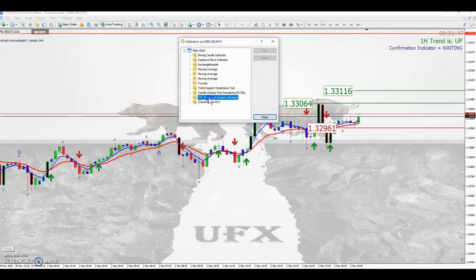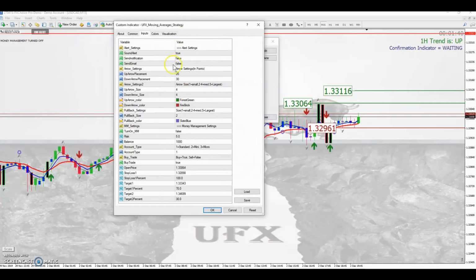We'll just right click and go into the UFX moving averages strategy. And by default, it's turned off, so we're going to have to turn it on here. We're risking 5% of a $1,000 balance. Say you have $1,000, but you only want to risk 5% of 100. You can put this to $100, and that's going to be $5 risk.